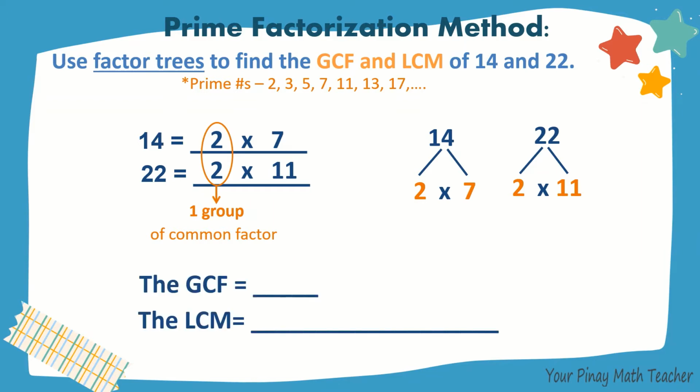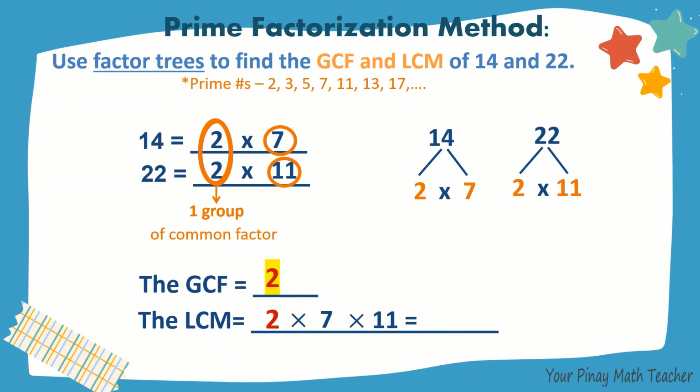So to find the GCF, you simply have to copy one group of common factor, 2. Since there's only one group, then the GCF is 2. To find the LCM, you still use the common factor, which is 2, and multiply it by the remaining numbers 7 and 11.